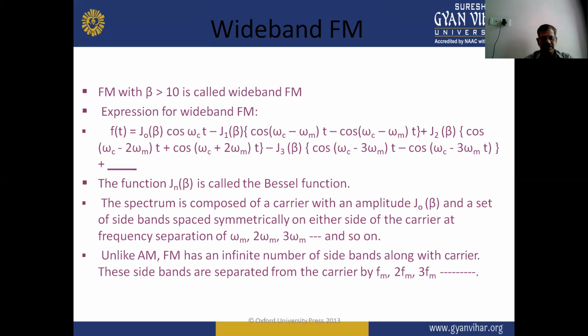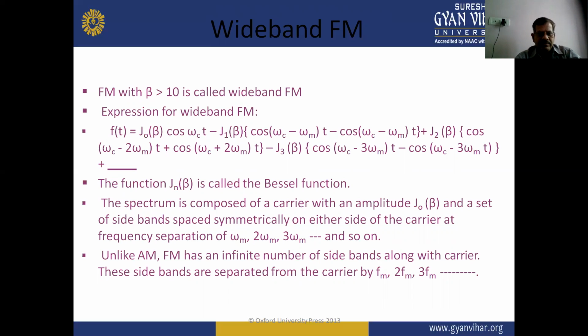The spectrum is composed of a carrier with an amplitude J naught beta and a set of sidebands spaced symmetrically on either side of the carrier at frequency separations of omega m, 2 omega m, and 3 omega m, and so on.